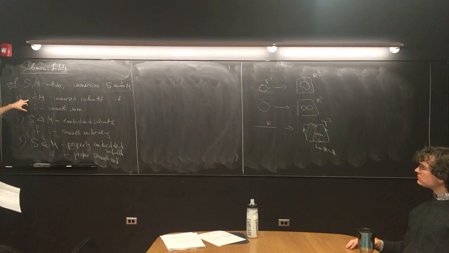And let gamma 1 tilde, gamma 2 tilde be their lifts with gamma tilde 1 of 0 being equal to gamma tilde 2 of 0, so with the same starting point, which I'll call P in E. Then gamma 1 tilde is homotopic to gamma 2 tilde if and only if gamma 1 is homotopic to gamma 2.